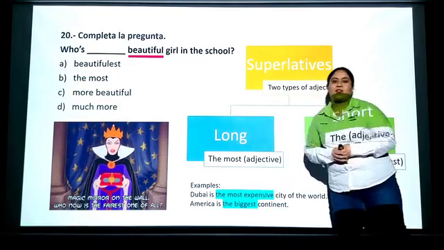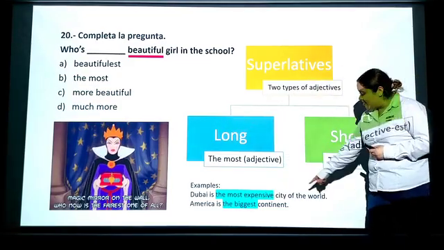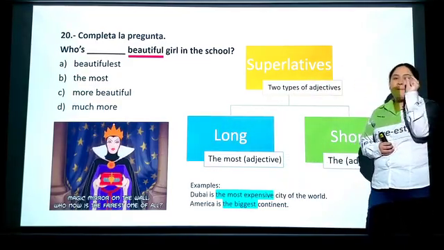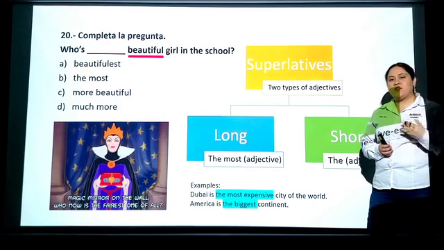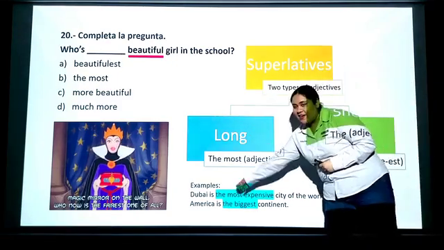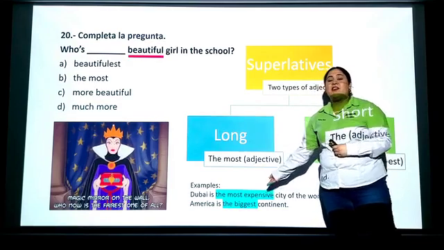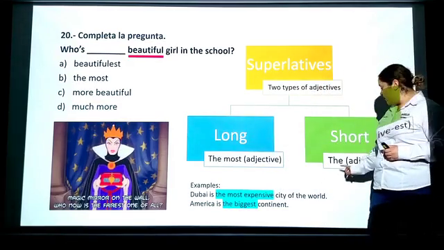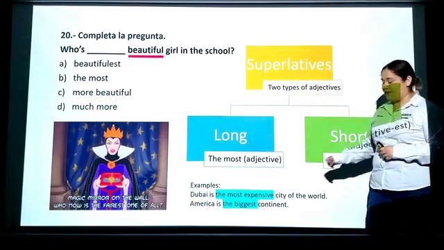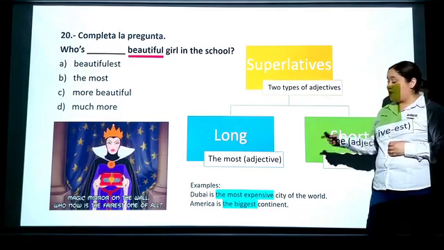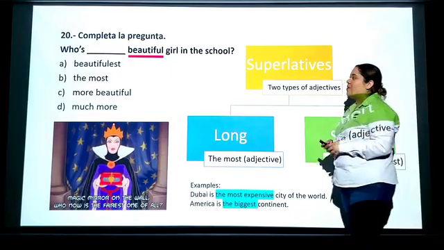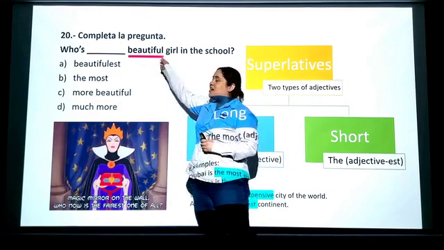Now, in this other case, the adjective is big. So what we do is we use the small adjective, and it has to finish with est, as you saw over there. Now, the adjective in this case is beautiful.